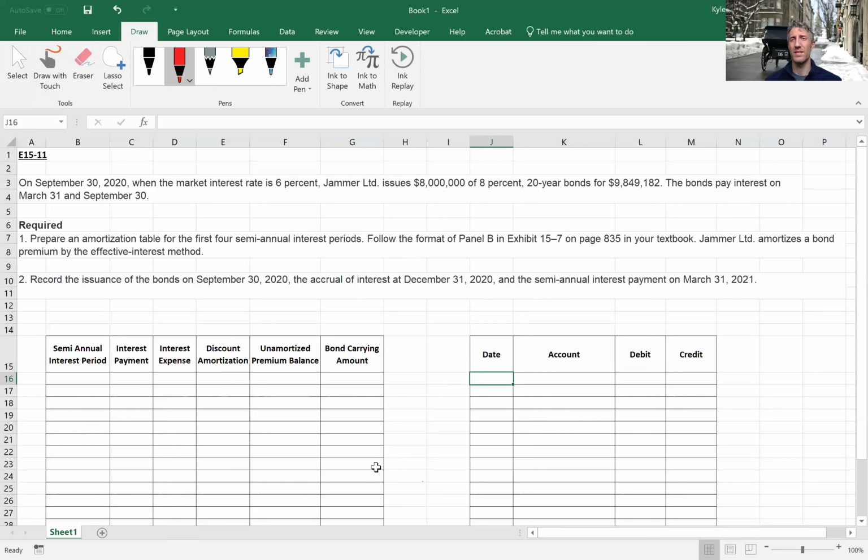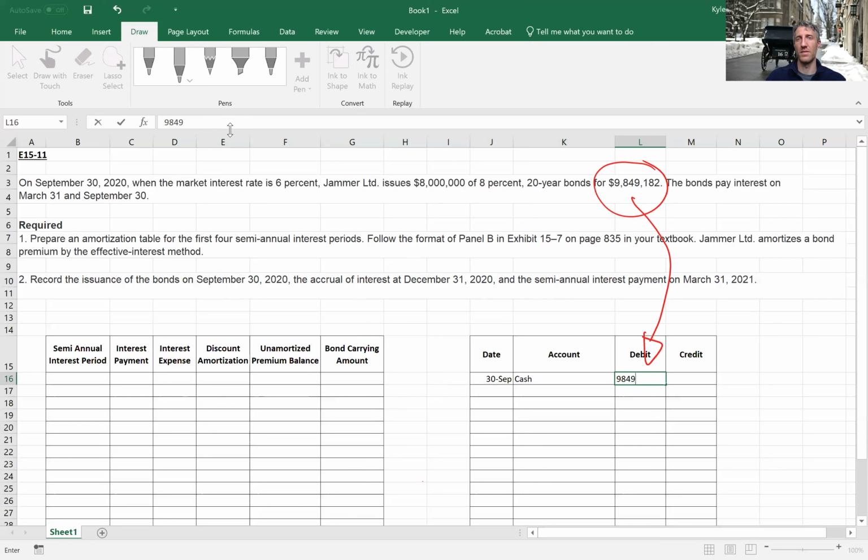So since they issue bonds to raise money, I know that cash for this organization is going to be going up. And the amount that cash is going to increase by is the issue price of the bond. That's 9,849.12.